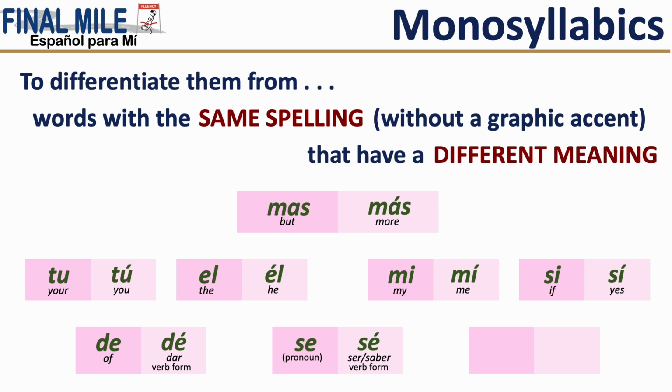The point for this lesson is to get comfortable with graphic accents and how they are used and what they mean. Okay, se without an accent is a pronoun, and with an accent it is a verb form of either the verb ser, to be, or the verb saber, to know. And the last one, té with an accent is tea, and without it is a pronoun.